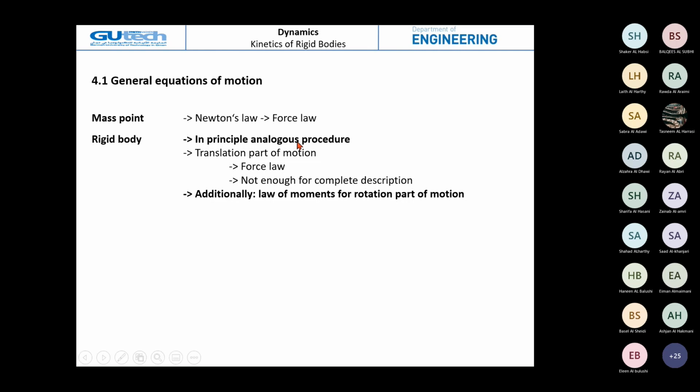For the rigid body, of course, we have not only the translation, as for the mass point, we have also the rotation. Additionally, compared to the particle, we have the law of moment for the rotation part of motion. For the particle, the rotation is neglected, because we have one point.